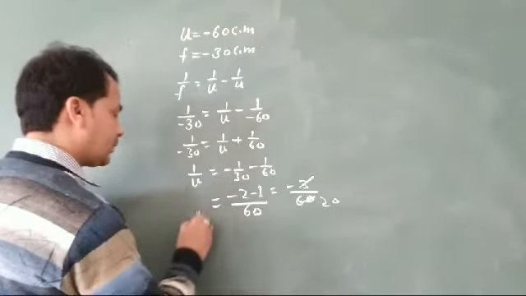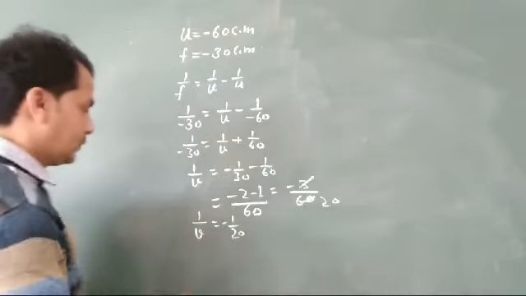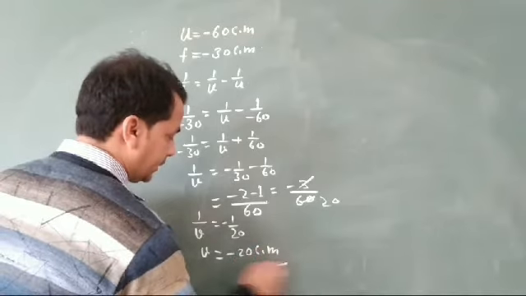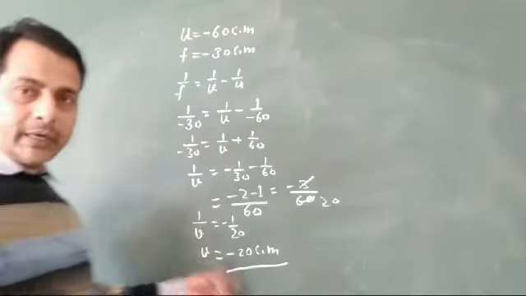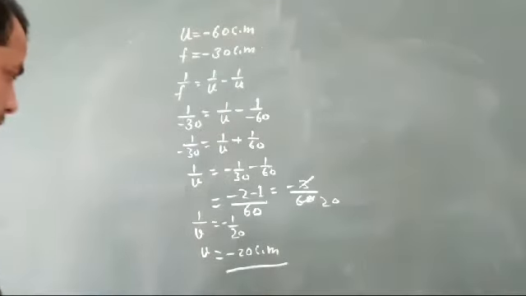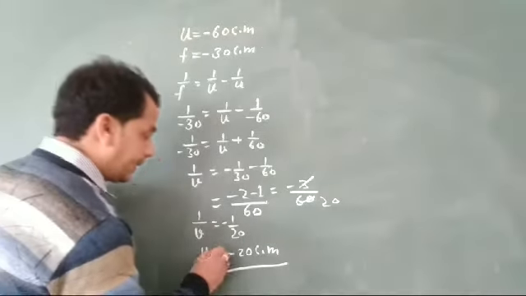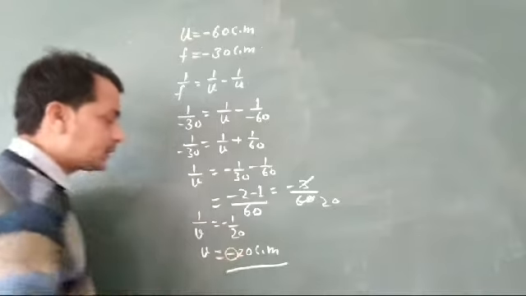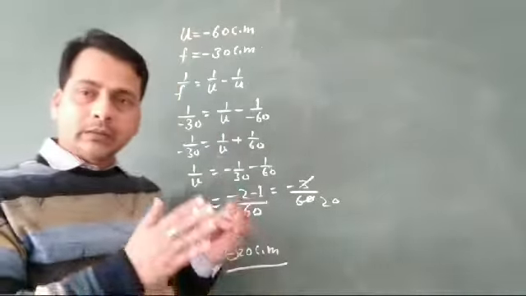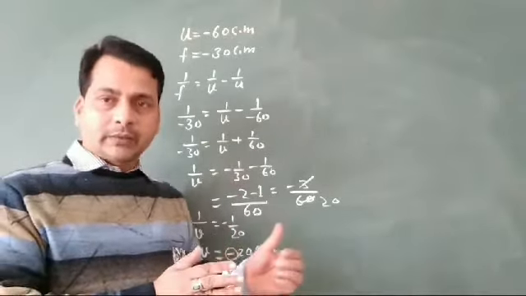Then 1 by v equal to minus 1 by 20, and v equal to minus 20 centimeter. So the position of the image is minus 20 centimeter, and the negative sign indicates the image is formed on the same side as the object.